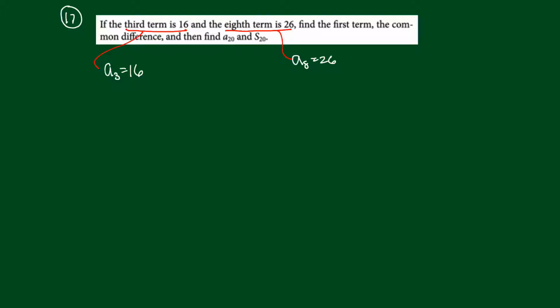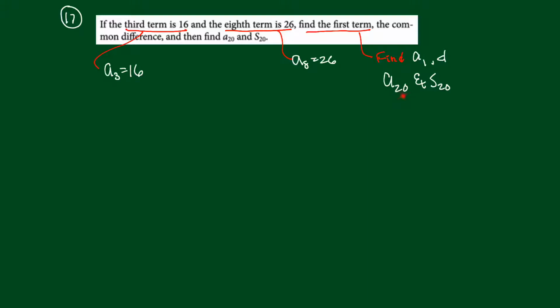We need to find the first term, which is a sub 1, and the common difference, and then the 20th term, as well as the sum of the first 20 terms. So where should we start?